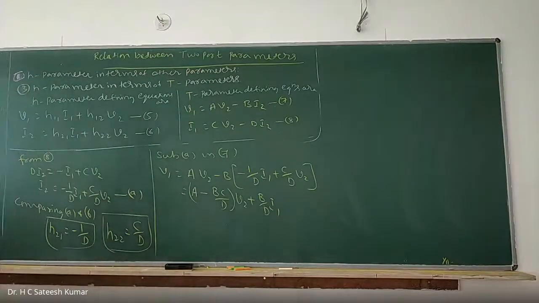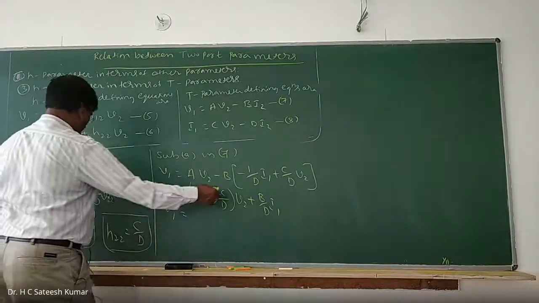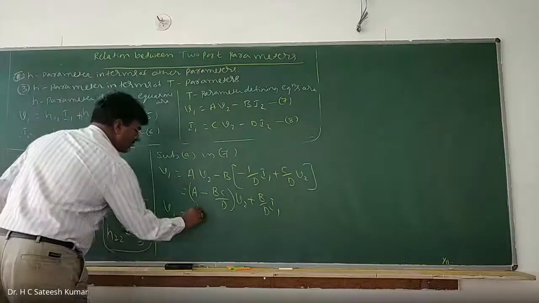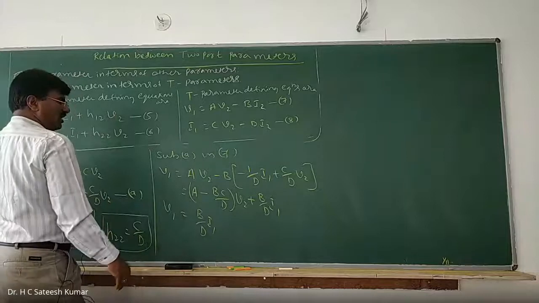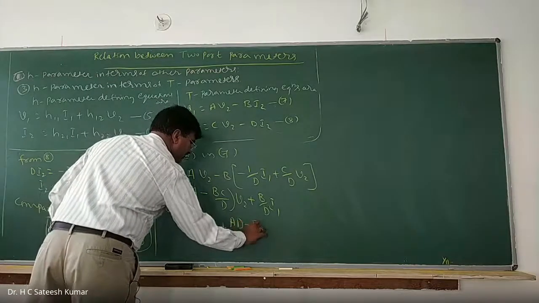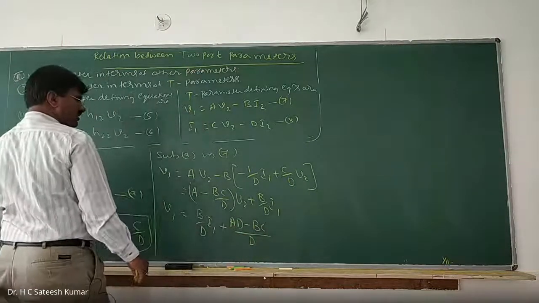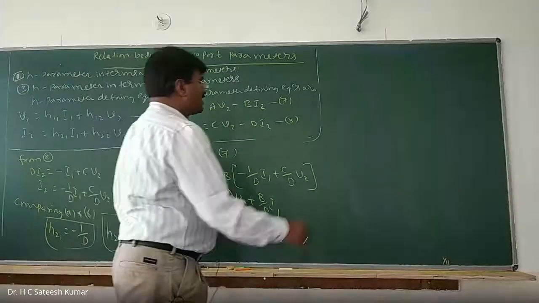Okay, right. Now we reshuffle and take the LCM. V1 is equal to, first I want the I1 coefficient, I1 is there in the first. So therefore I'll write B by D into I1, and I'll take the LCM, AD minus BC divided by D into V2. What is delta T?